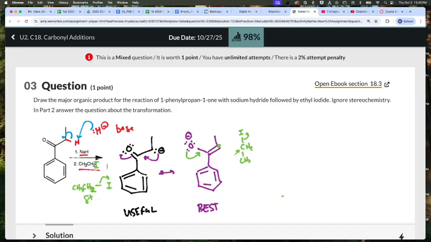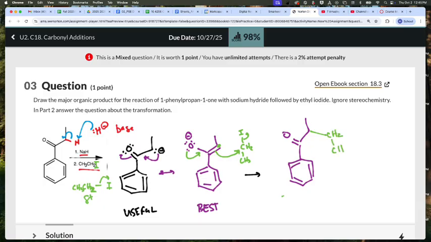Carbonyl there. These are reactions where it's real easy to lose where your bonds are. So here's our new bond.